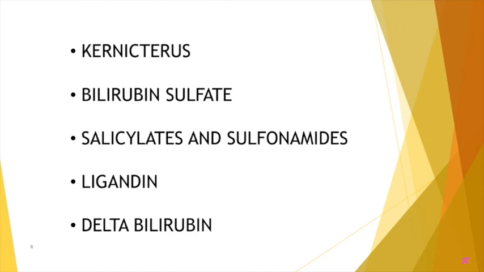Delta bilirubin is the irreversible binding of conjugated bilirubin with albumin. It cannot be excreted by the kidney either. That is called delta bilirubin or biliprotein. I'll give an explanation for that. Actually, conjugated bilirubin is bound to albumin mainly in two forms, reversible and irreversible.